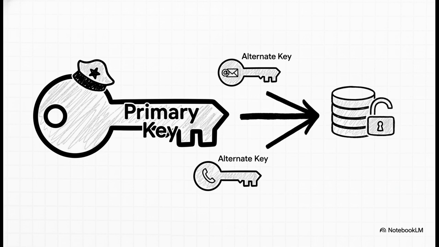Imagine your primary key, let's say it's a student ID. That's your team captain. It's awesome for all the internal database stuff, right? But you've also got other star players on the bench. Think about a unique email address or a unique phone number. They are just as good at identifying a specific student, and sometimes they're the player you actually want to send out on the field to get the job done.